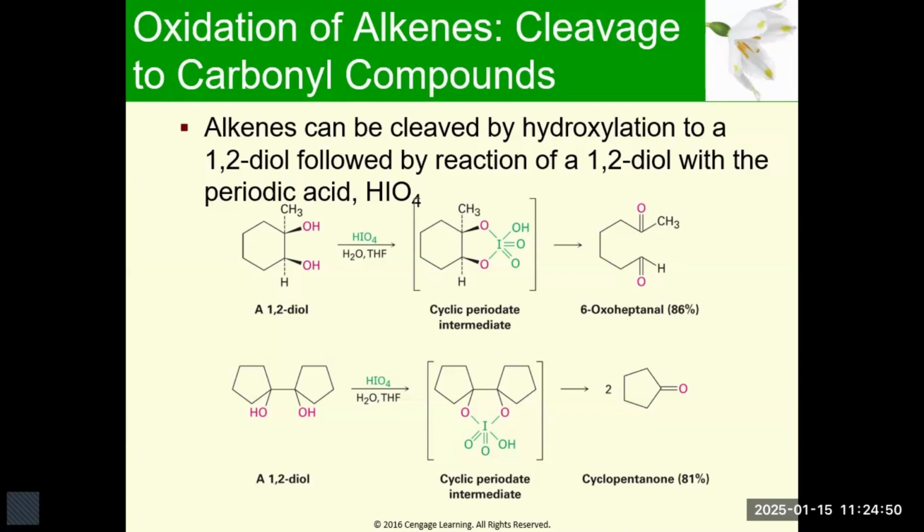And so pretty much alkenes can be cleaved by hydroxylation to create a diol, and then from there it can react with your periodic acid to create cleavage, which creates your two carbonyl groups.